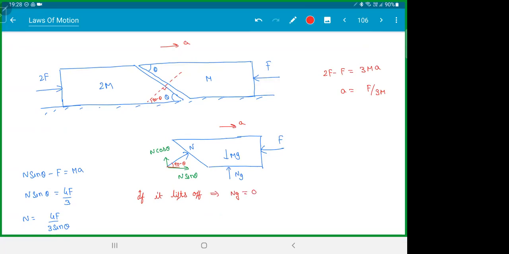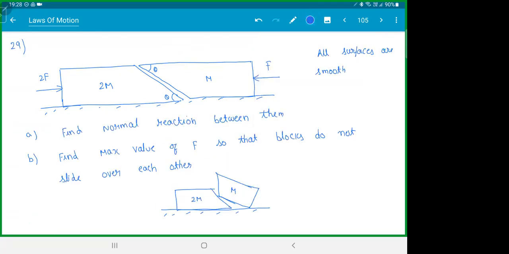You will lose contact with the ground. That is the reason when you lift off, actually. Maybe I drew this wrong. It would actually look like this. This is how it looks actually. So Ng becomes 0 if you lift off.